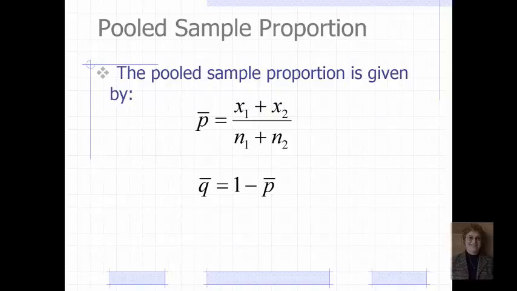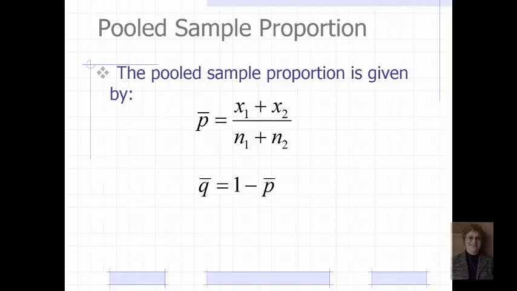Now, when we do this, we use a pooled sample proportion. And we use a pooled sample proportion because if the null hypothesis is true, these two samples that we have actually come from the same population.